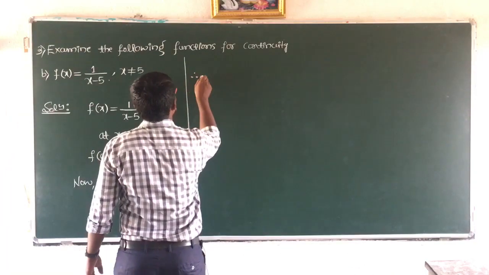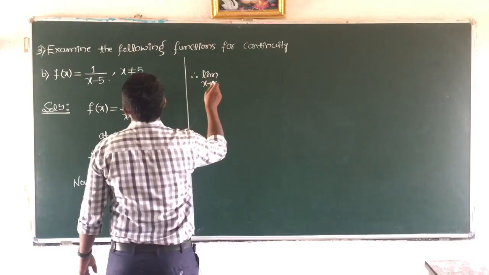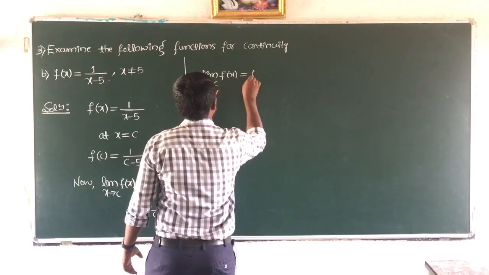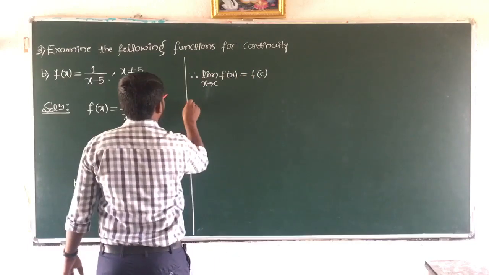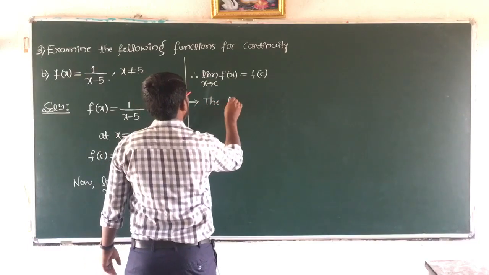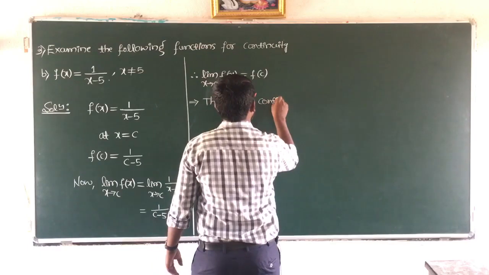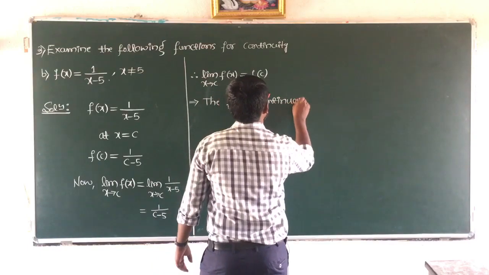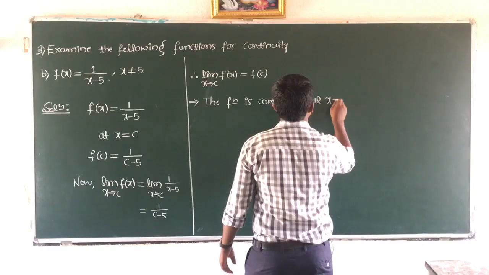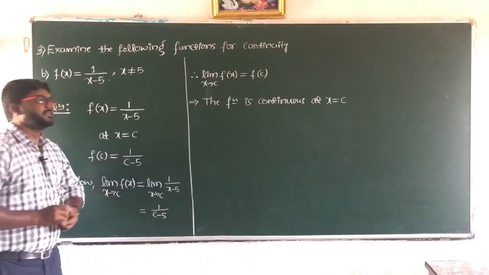Therefore, limit x tends to c f of x is equal to f of c. This implies the function is continuous at x equal to c. So this is all about the second sub question of the third main.